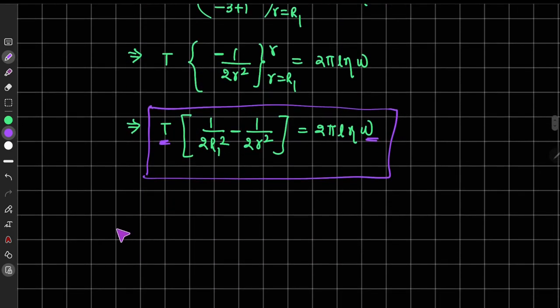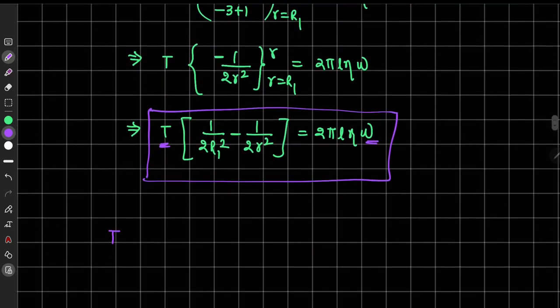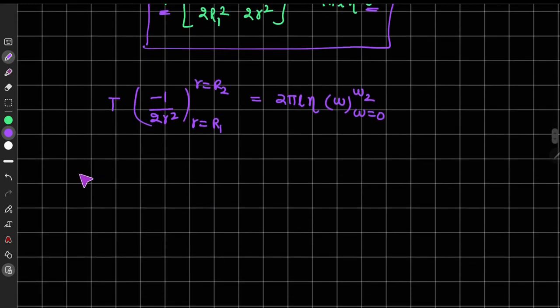So we can write T times minus 1 upon 2r square from r is equal to capital R1 to r is equal to capital R2, that is equal to 2 pi L eta omega from omega is equal to 0 to omega 2. So from here we can write T times 1 upon 2 R1 square minus 1 upon 2 R2 square is equal to 2 pi L eta omega 2, right?